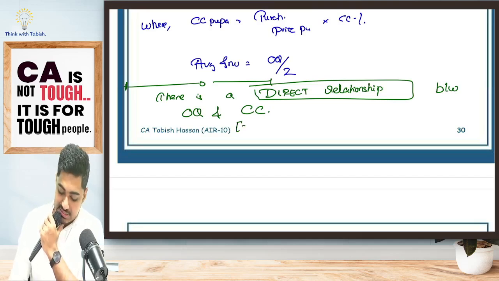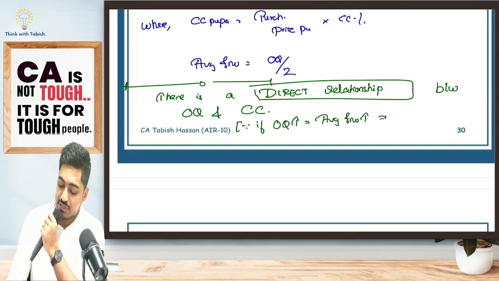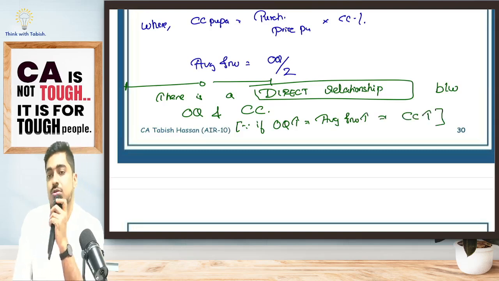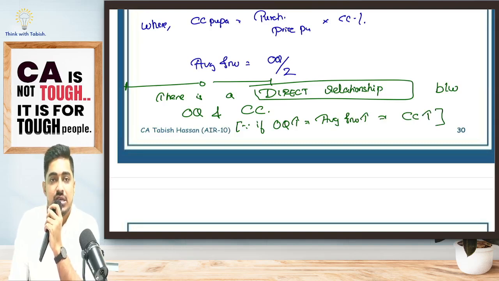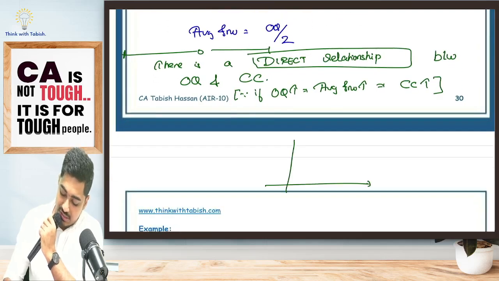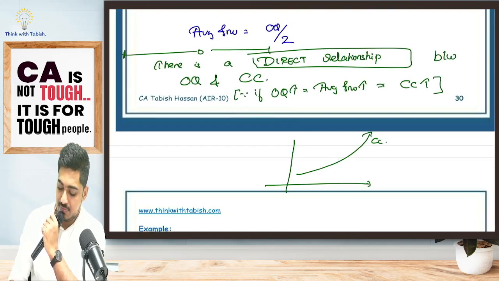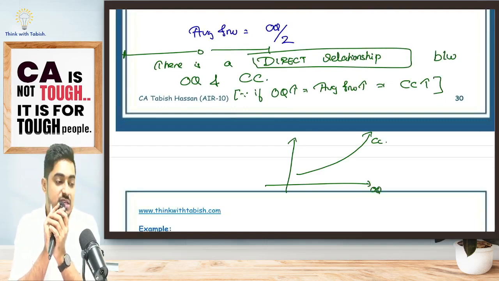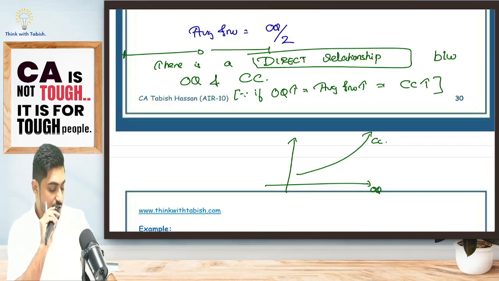Since if ordering quantity increases, average inventory increases, and when average inventory increases, carrying cost also increases. Is this clear, everyone? Writing is over. And in short, I can show a simple graph as well. It is going to be upward sloping. I hope you have noted it down. Give me a confirmation, everyone. Perfect. Shall we proceed further?